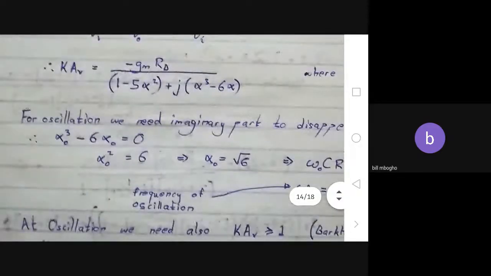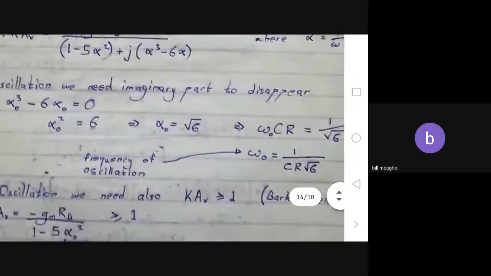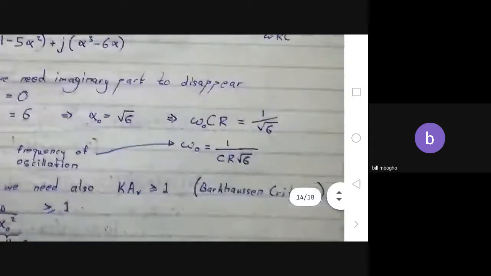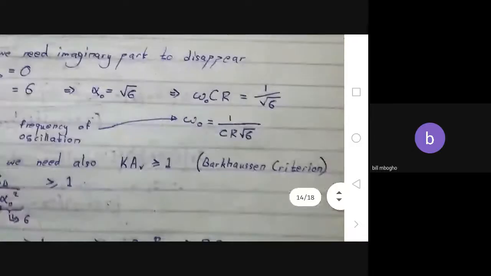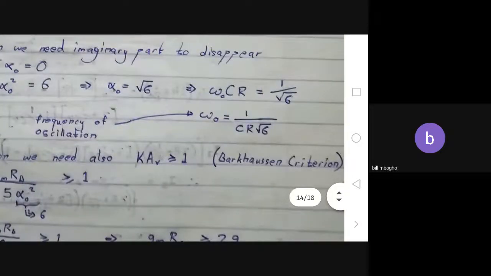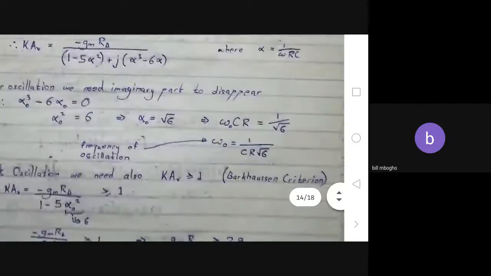So there, I calculated the alpha naught. The alpha naught becomes root 6. And now that is equal to 1 over omega naught CR. So you get your omega naught, which is the frequency of oscillation, as that.